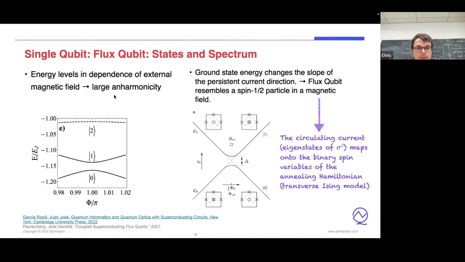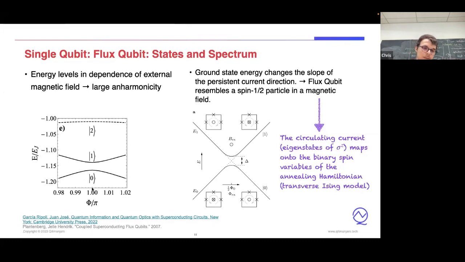And to get a bit more into details of this specific qubit, what we like is, for example, the large anharmonicity, which you see in the spectrum. So you can see the three lowest energy levels in dependence of some control.